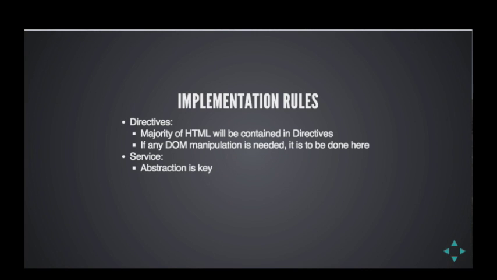Services: the abstraction is key. I had a 30-minute discussion with a developer who was trying to do infinite scroll, and he was telling me, oh, it's only 2 lines of code. Why do I need to put it in a service? My point was, well, you're not the only one who's going to be doing infinite scroll.